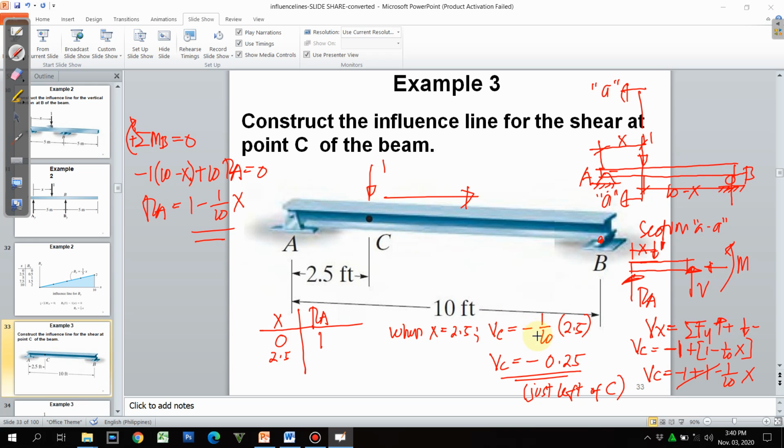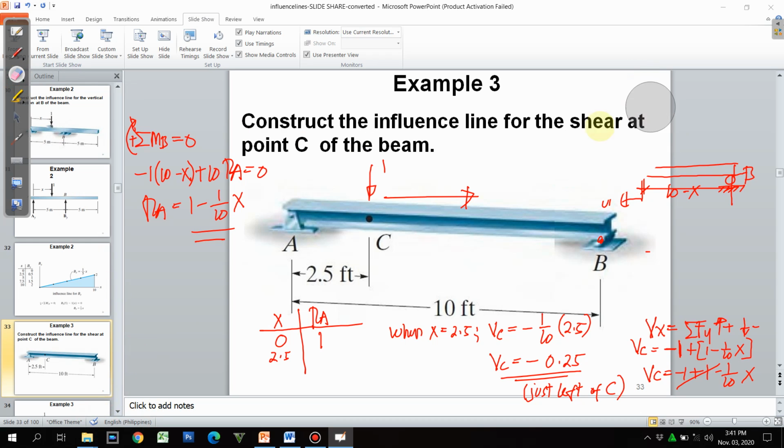Why? Again, I wanted to emphasize this. Let us withdraw our cut section, considering the left portion.